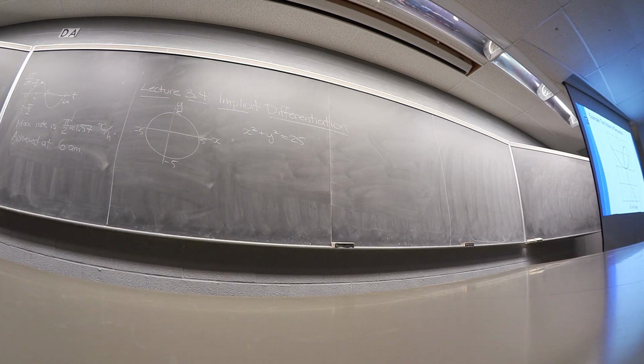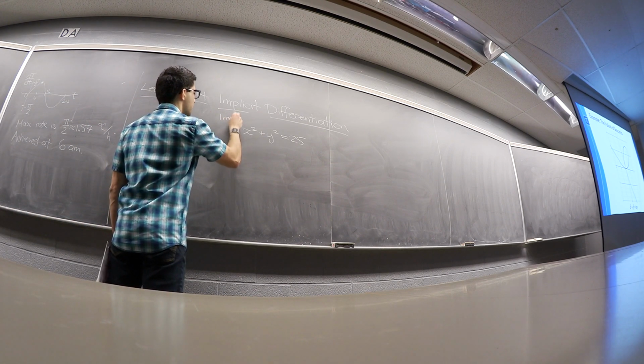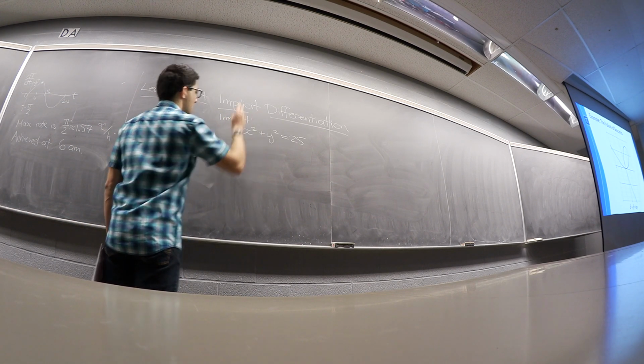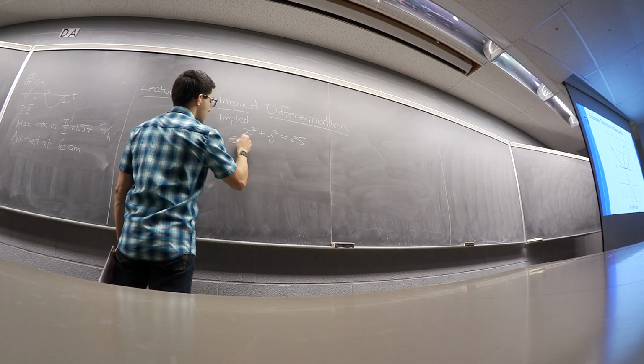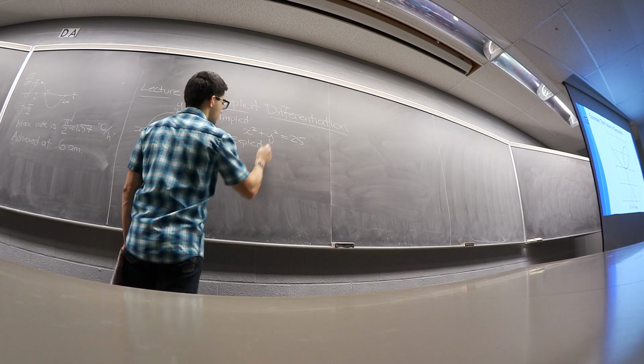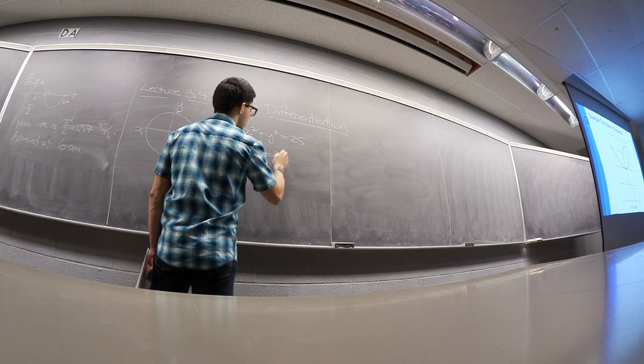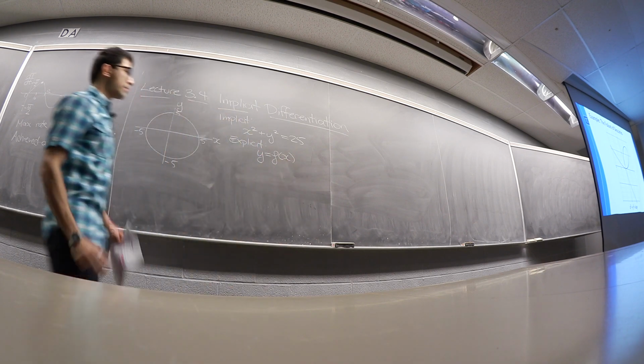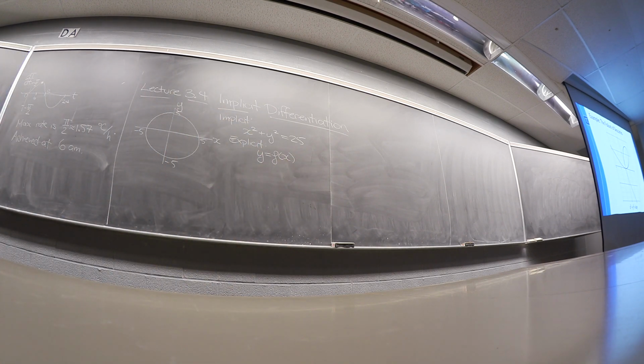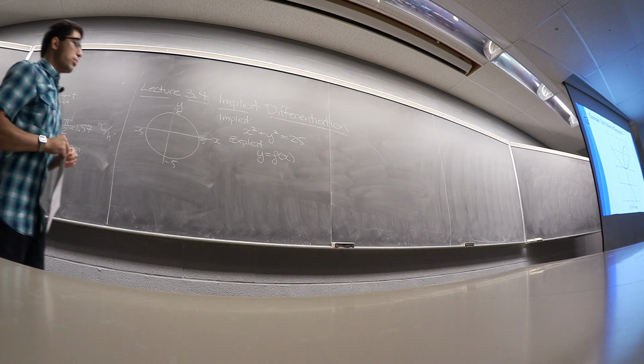That's what's called an implicit description, as opposed to an explicit description, which would look like this: y equal to a function of x. So we've described the relationship between y and x implicitly.